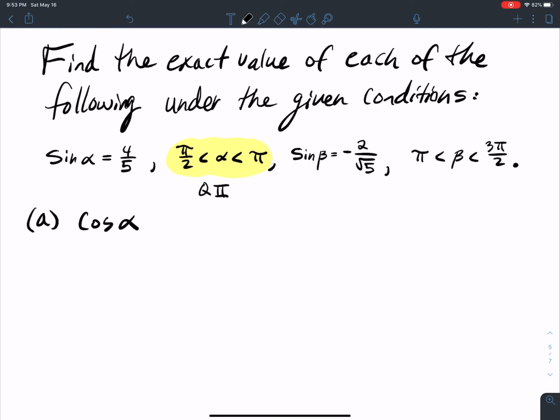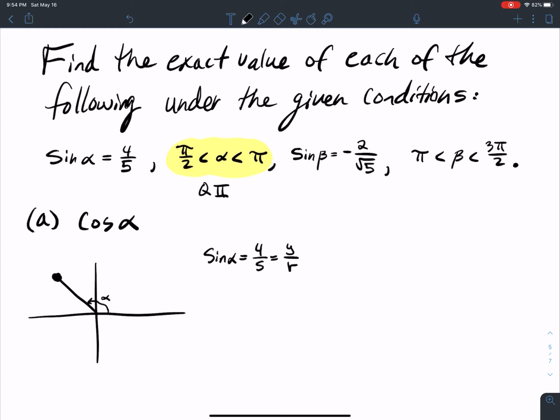So I know when I draw this picture here, I'm in quadrant 2. Now, sine of alpha here, so that's my alpha angle. Sine alpha is 4 over 5, which is y over r.